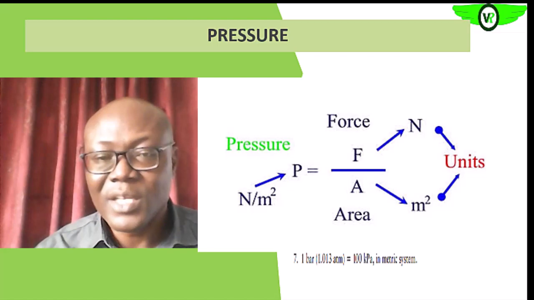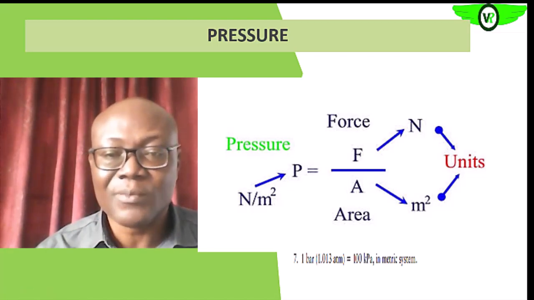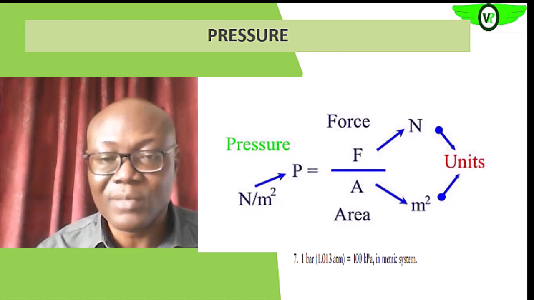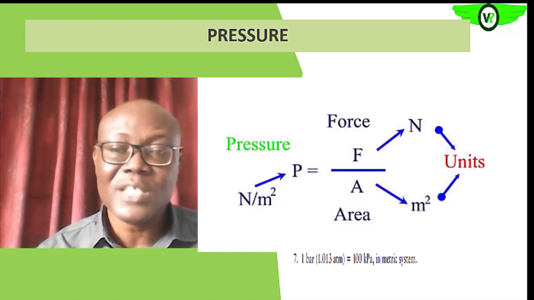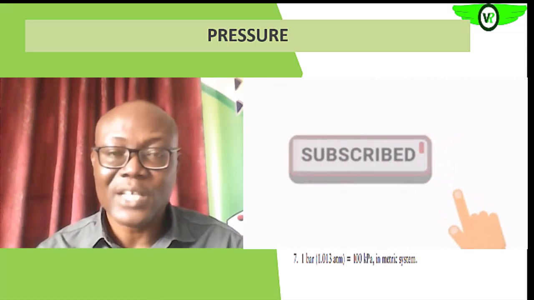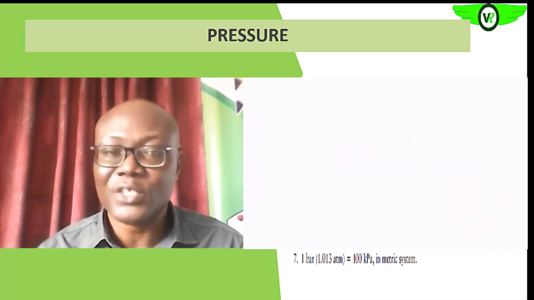Then we have the torr, and also we have the bar, which is about 1.013 atm. That is atmospheric pressure, and that is equal to about 100 kilopascal in the metric system. So these are the various units that are used to represent this process variable pressure.